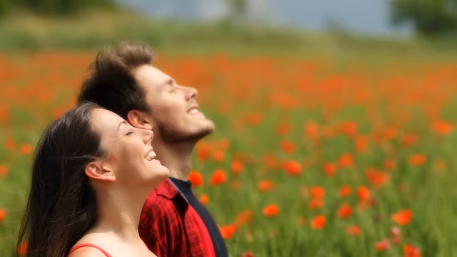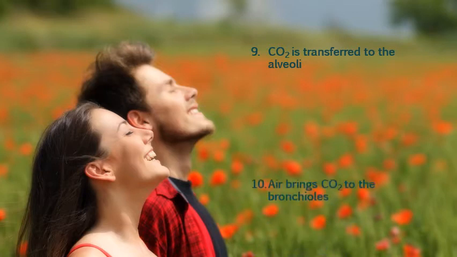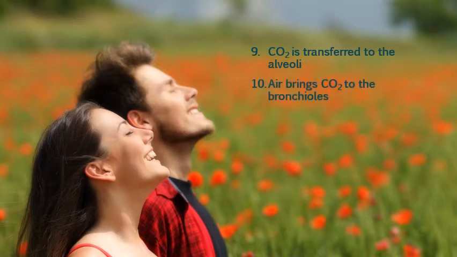The exchange of the gas means the oxygen is taken from the air and transported to the bloodstream. On the other side, the carbon dioxide from the bloodstream is taken to the air and sent to the bronchioles. So the carbon dioxide is transferred to the alveoli and the air brings carbon dioxide to the bronchioles.